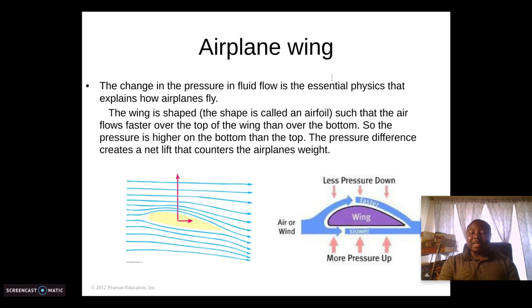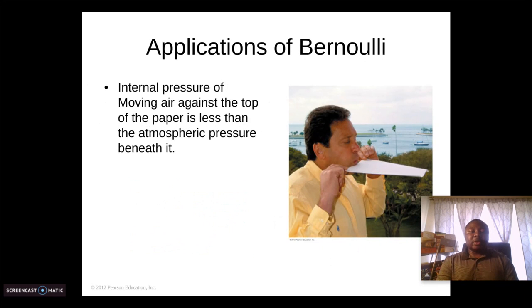If you look at the diagram on the right, because the air flows faster at the top, the pressure at the top is very, very small. And that means that the pressure at the bottom, or the upward pressure, will be very, very high. And that's what sustains the plane in the air. And that's an application of Bernoulli principle.